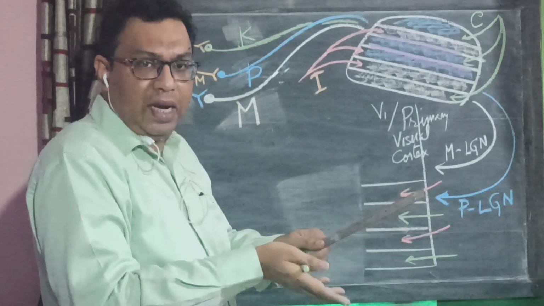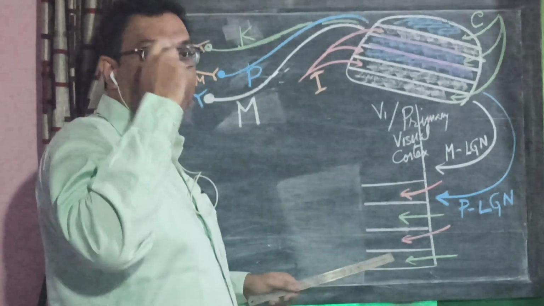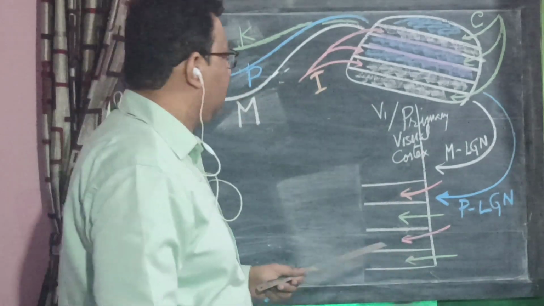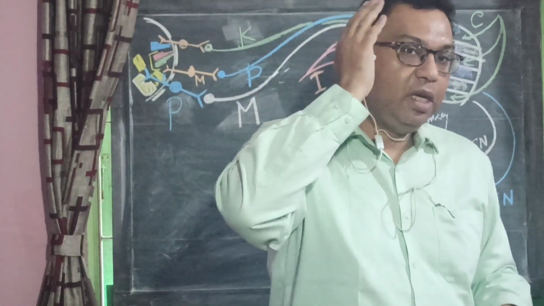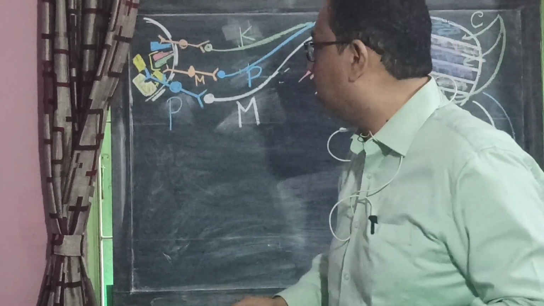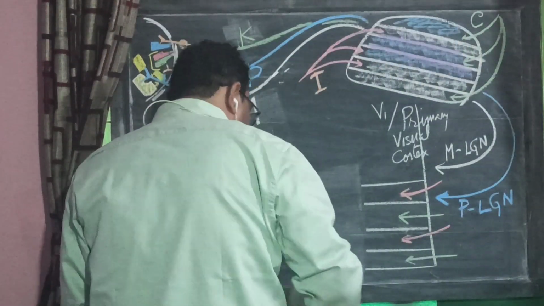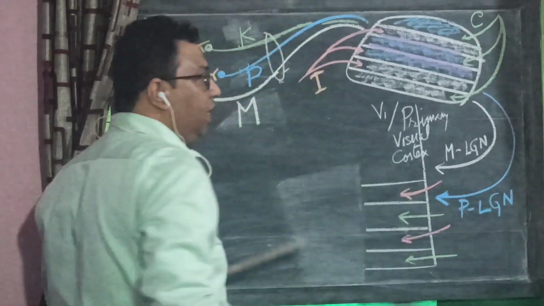So there is this optic chiasma which helps in decussation of the optic nerve, and after decussation, the ipsilateral fibers from the temporal aspect of the eye and the contralateral fibers from the nasal aspect of the eye come together to form the optic tract.